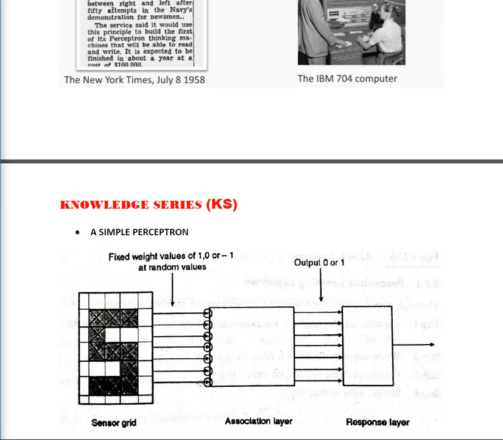Its weights are distributed as 1, 0 and -1, and the association layer is basically a feature predictor. Feature means this S is a feature, and based on that feature you have to see the response layer. It is going to produce an exact S, labeled as S. That label S is identified as the output. So the association layer, which is a feature predictor, processes this input and maps it to the output layer, and the output layer is going to produce a response, 0 or 1, yes or no, with respect to the given input.